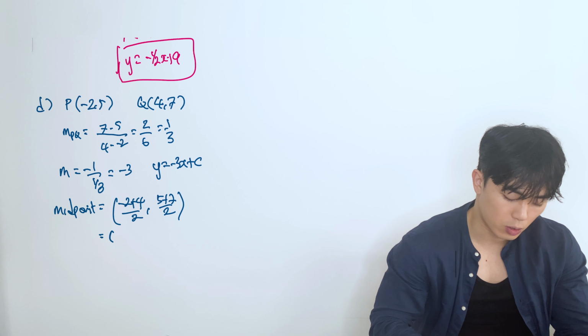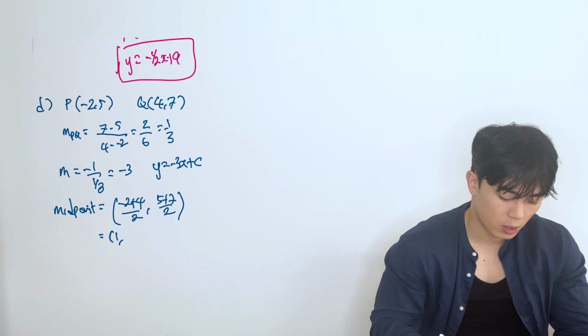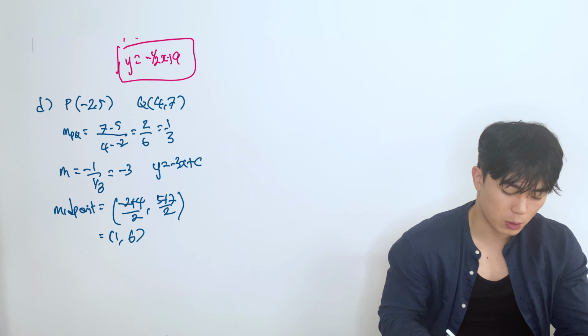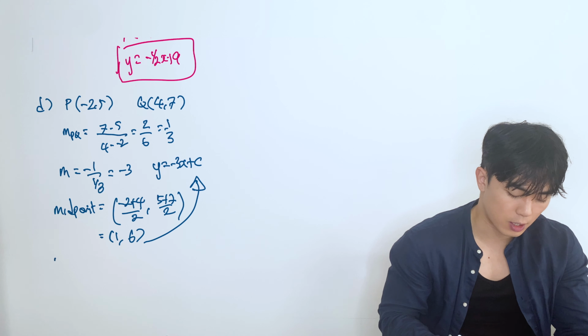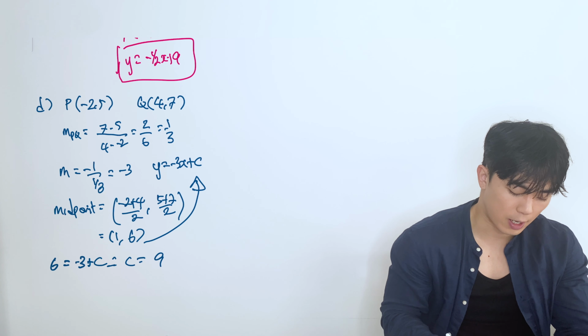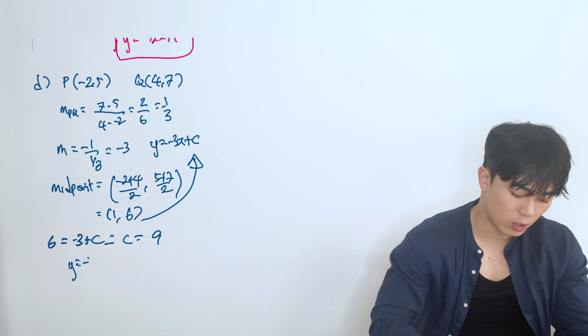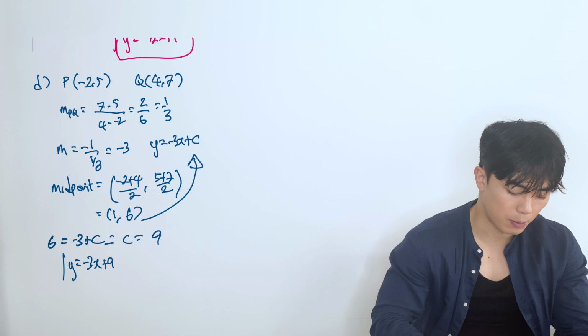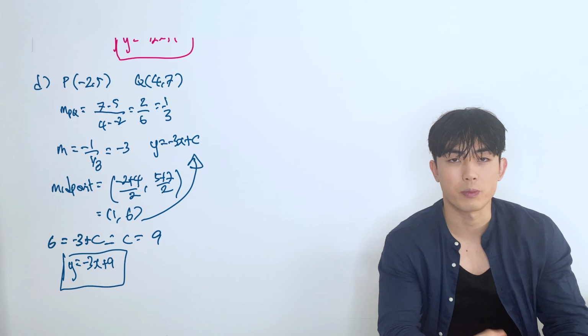So we'll get (1, 6), which I'm now going to plug in here to find my c. So 6 is equal to minus 3 plus c, so therefore c is equal to 9. So we have y is equal to minus 3x plus 9 as the perpendicular bisector equation of PQ.